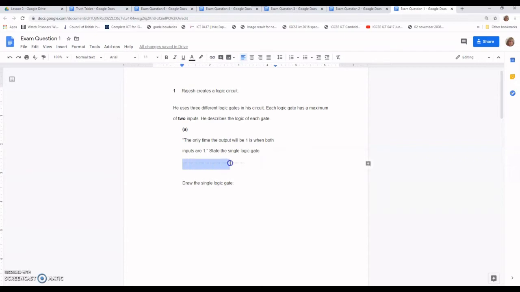And then here you write the answer and draw the logic gate. Obviously, I understand if you're on a computer and can't draw this, it's no problem. Please just draw it on pen and paper, and it's absolutely fine. Right, so pause the video now and complete that question.